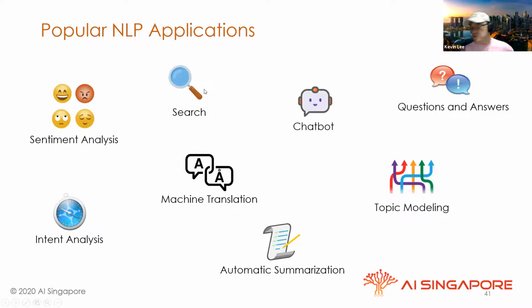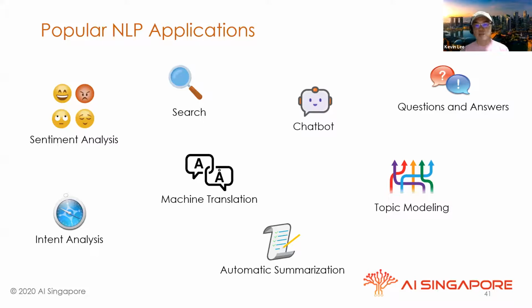Everybody knows that when you do a Google search, you don't really have to spell out that specific keyword in order to search for what you want. It is using contextual search. Behind Google, there is a very powerful language model that is driving its ability to understand your search phrase.